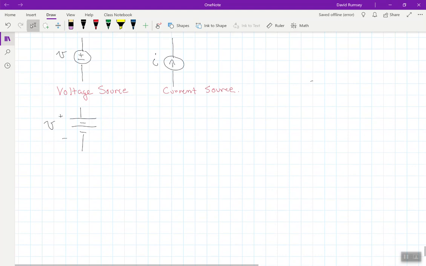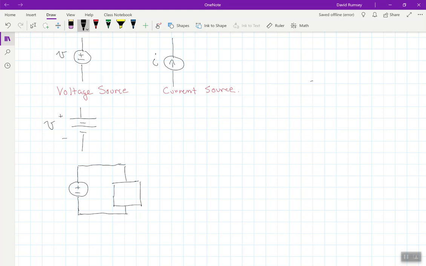Now, let's just do a quick example here with these independent power supplies. If we have something set up here, this box is just representing a circuit or something like that.